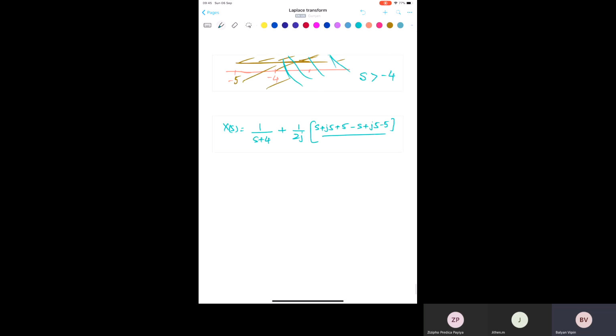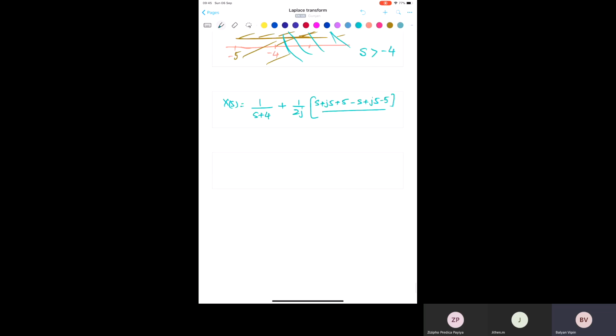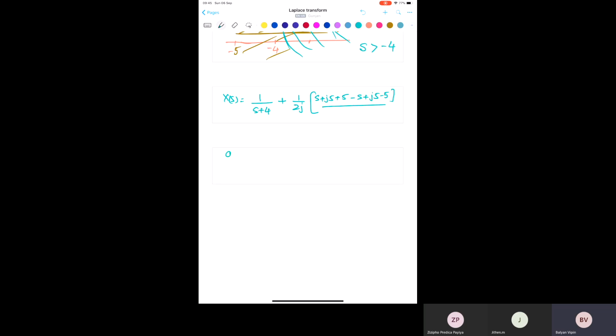upon, if you know this, you have to recollect many things from your mathematics. If you remember, (a plus jb) into (a minus jb) equals a square plus b square. Let me elaborate further.